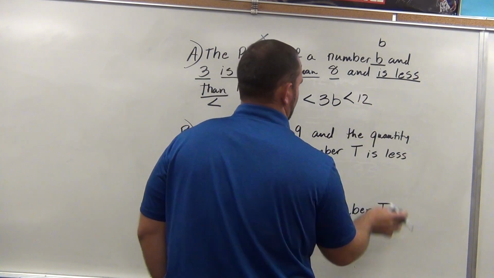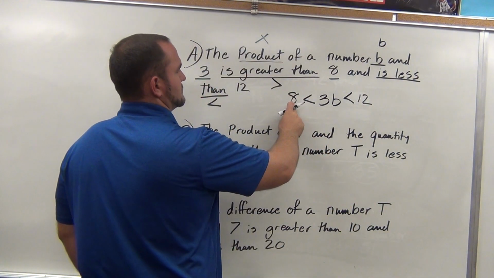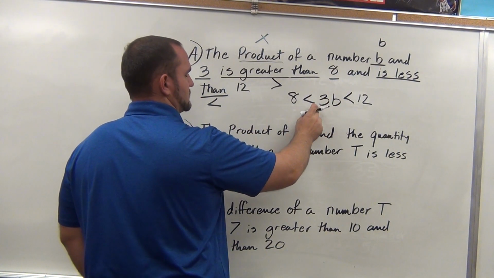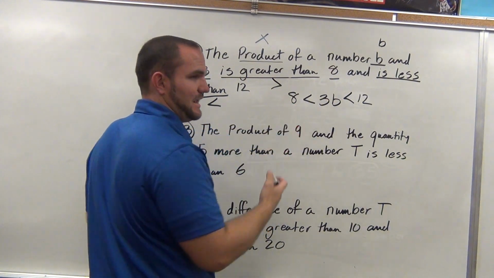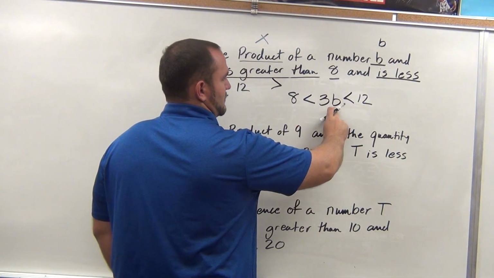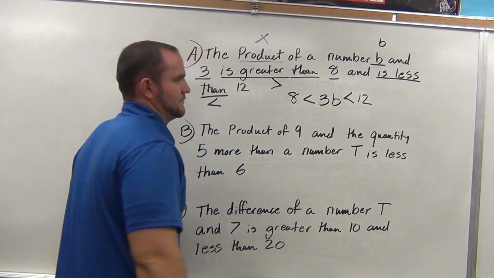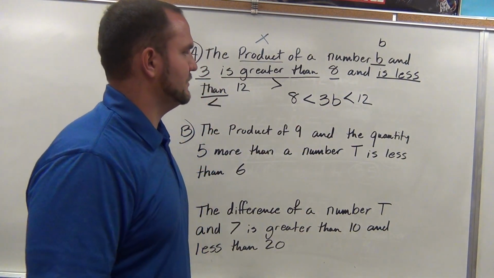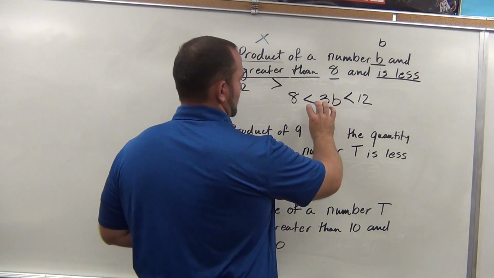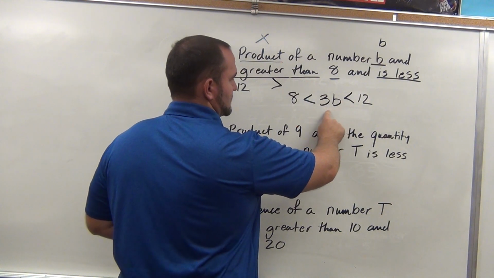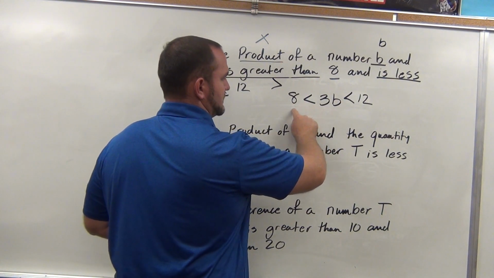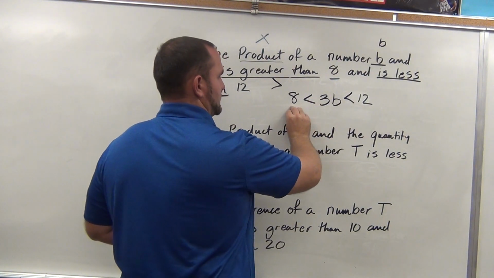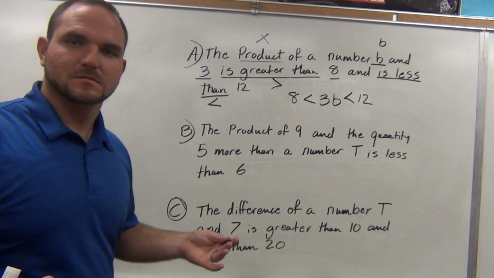So I have 8 is less than 3B, which is the same thing as 3B is greater than 8. And 3B is less than 12. Okay? So this would be what it would look like. All I did was take my number with the 8 and just switched the sign to flip it over on this side. Same thing, still works.